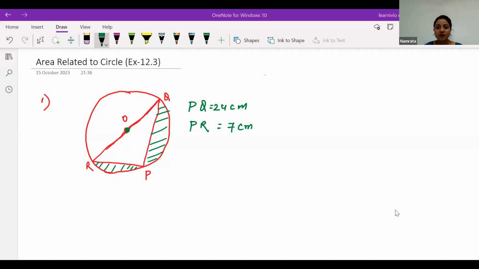So here PQ is already given, PR is also given as 7 centimeter. And what we have to find? We have to find the area of the shaded region.